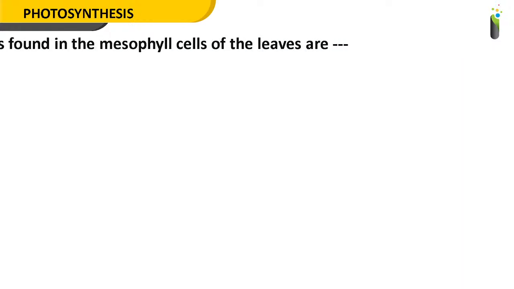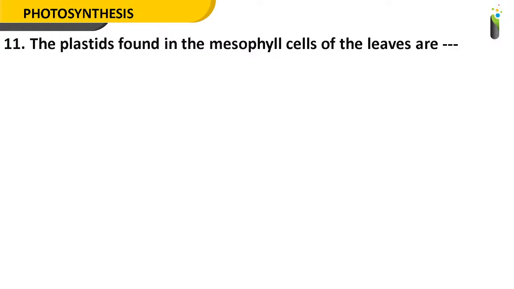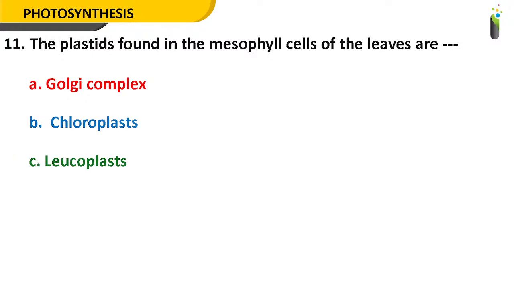Coming to the next question, number 11. The plastids found in the mesophyll cells of the leaves are dash. A. Golgi complex. B. Chloroplasts. C. Leucoplasts. D. Fibroblasts.